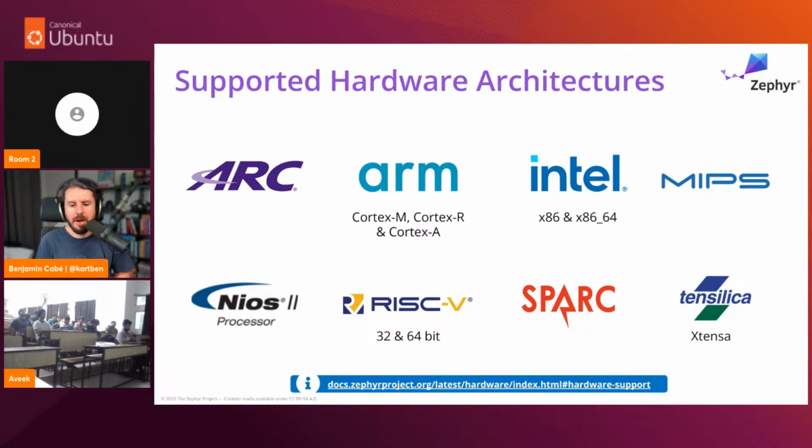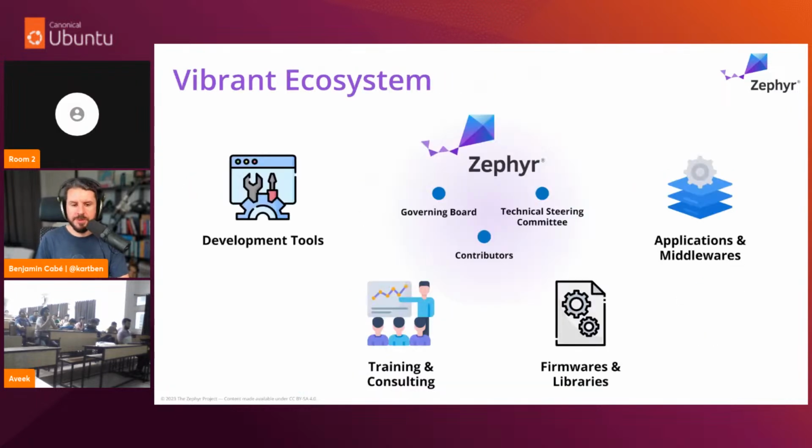They're super common ARM, probably equally common Xtensa that you would find on the good old ESP32 boards and Wi-Fi and Bluetooth chips, but also Intel and MIPS and RISC-V and many others that you might not even know existed, like ARC or SPARC, which are more geared towards very specific, sometimes safety critical, sometimes industrial grade kind of scenarios, but all those have Zephyr support.